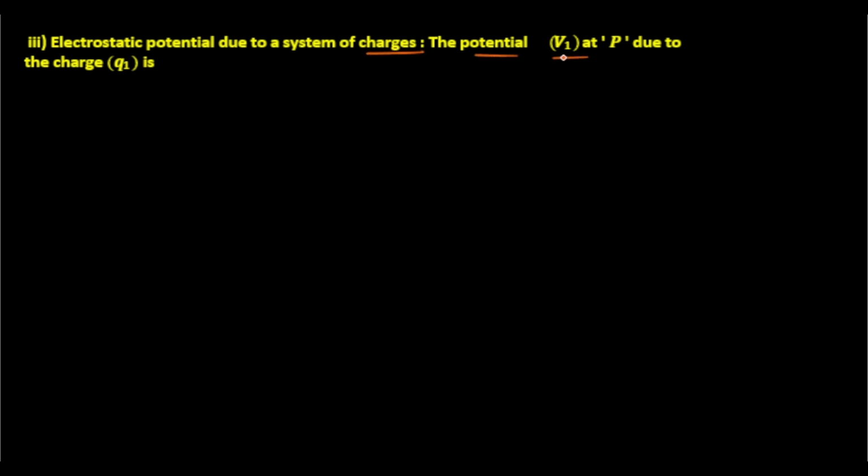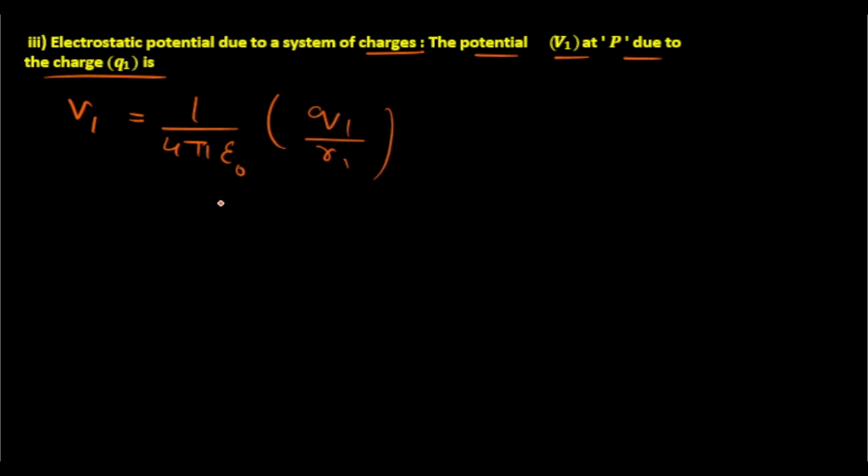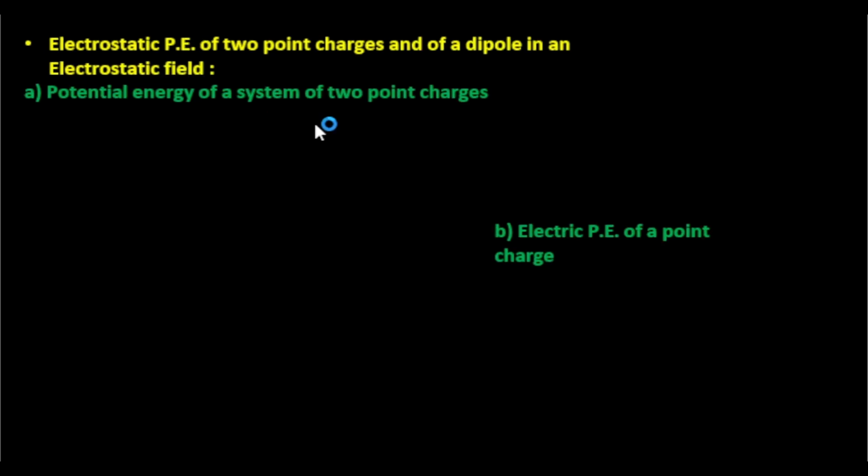The potential V1 at P due to charge q1 is V1 = 1/(4πε₀) × q1/r1, the potential for a single charge.